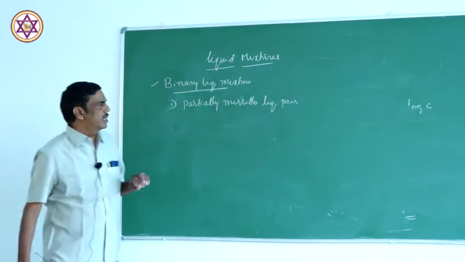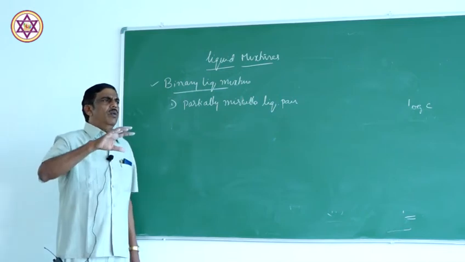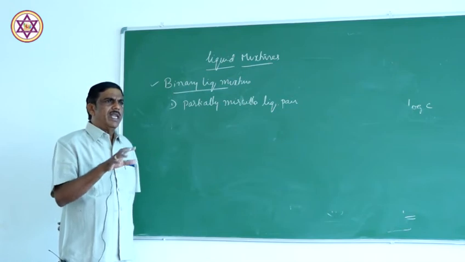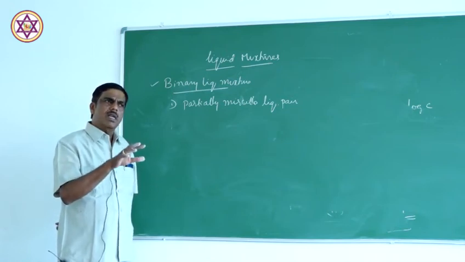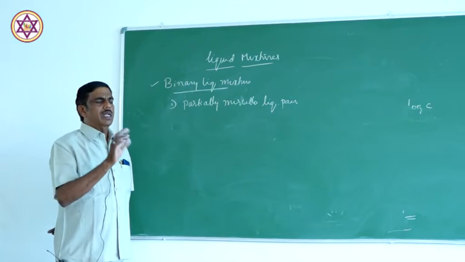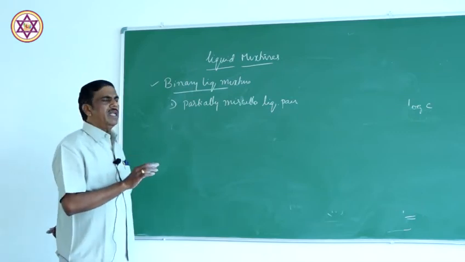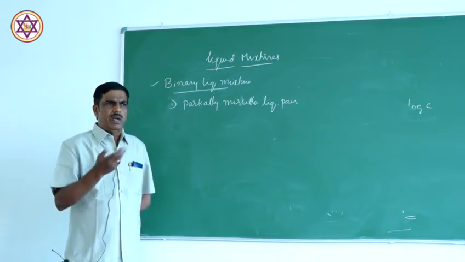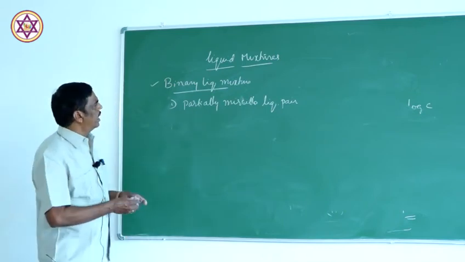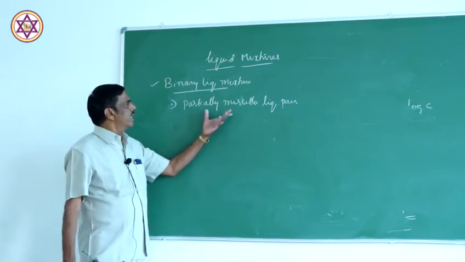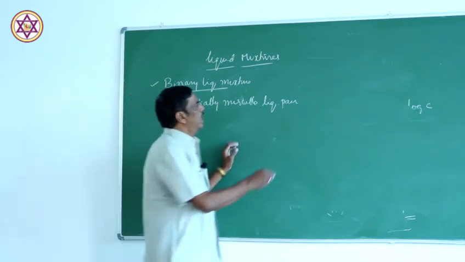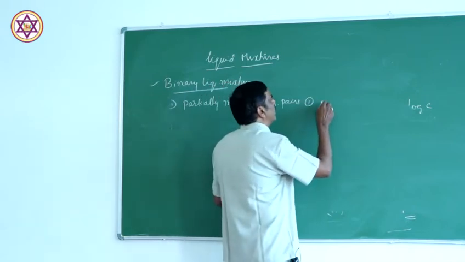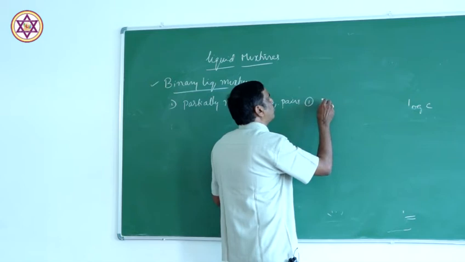That means the miscibility is partial at a given temperature and at a given composition. The miscibility is not complete. It is complete at special conditions. At high temperature, at various concentrations, it may be highly miscible, but at ordinary temperature, at ordinary conditions, it is partially miscible.